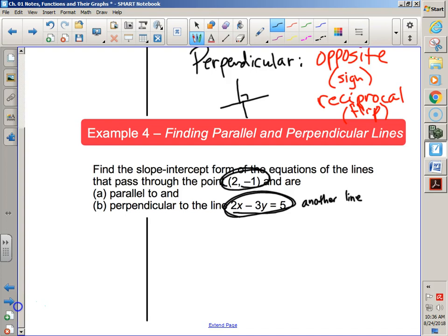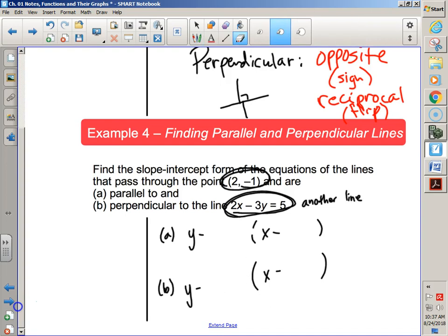That's parallel, perpendicular. So for both of these, for both A and B, remember what form I said was good? We're going to use the exact same form. We're going to have to do some simplifying. But the nice thing is we already have it halfway done because we already have the point. We just need the slope.